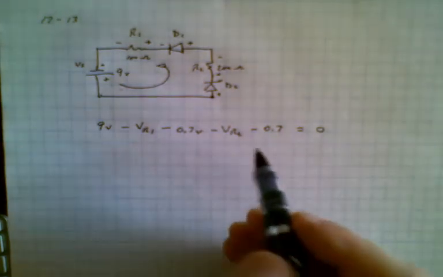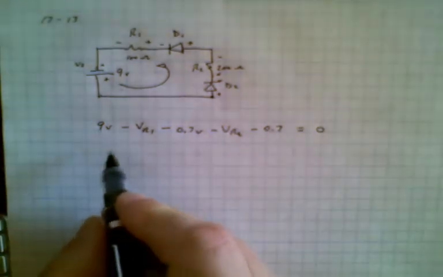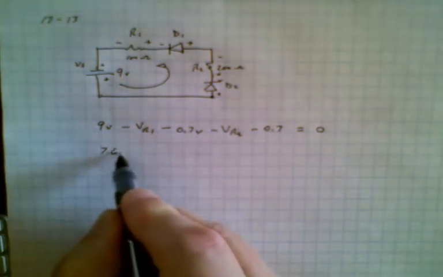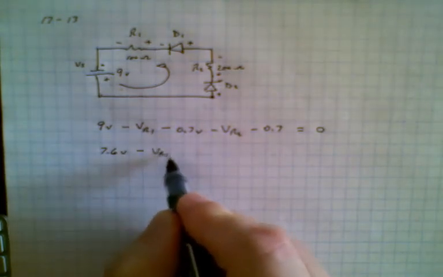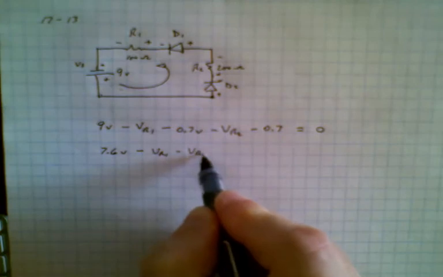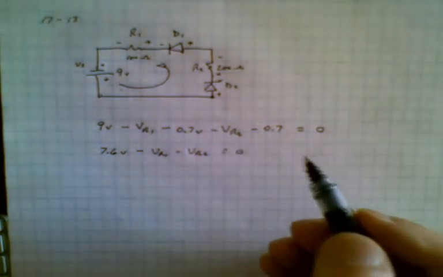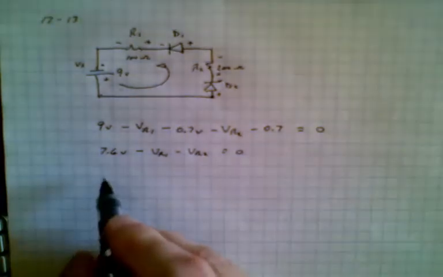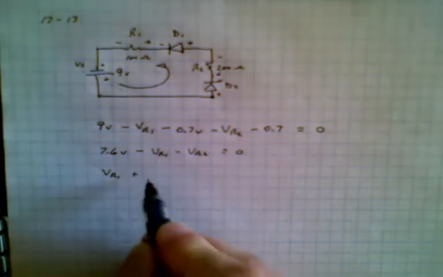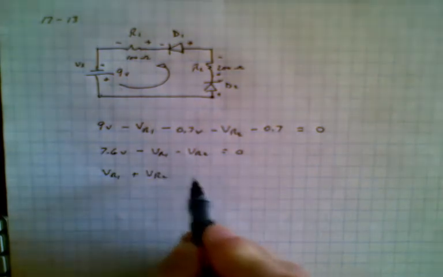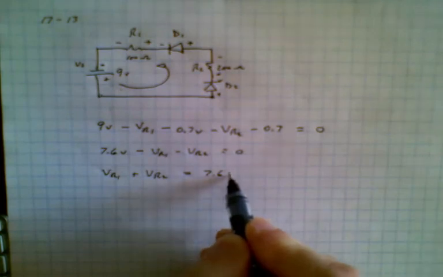Now we can collect these voltages over here, and we end up with 7.6 volts minus VR1 minus VR2 equals 0. We can rearrange the terms so that the voltage across resistor 1 plus the voltage across resistor 2 is equal to 7.6 volts.